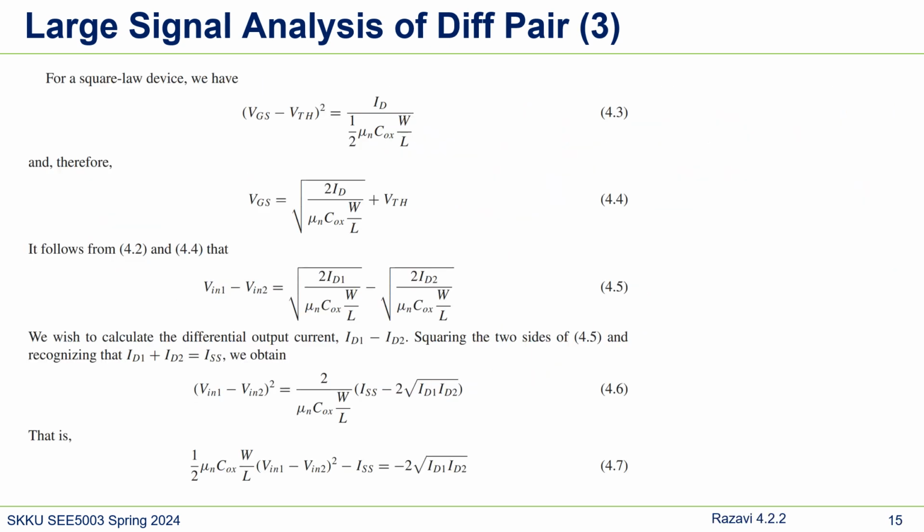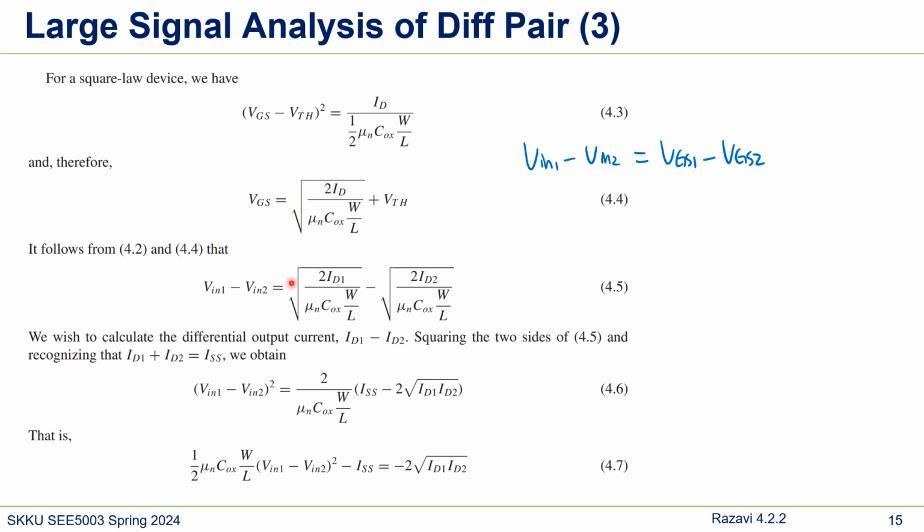So we're going to do some further calculation. Here, this paragraph is from Razavi, chapter 4.2.2. For the square law, we can change this, right? And therefore, we take the square root on both sides, and then move it to the right-hand side, and then we get this. So in the previous slide, what we got was V in 1 minus V in 2 equals VGS1 minus VGS2, right?